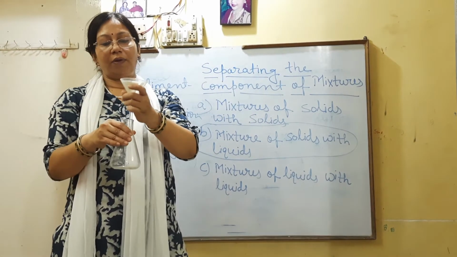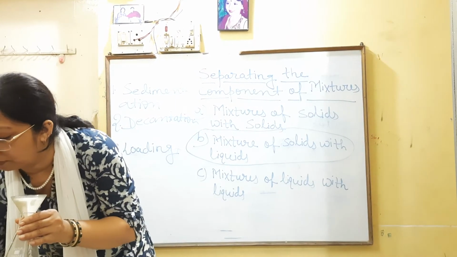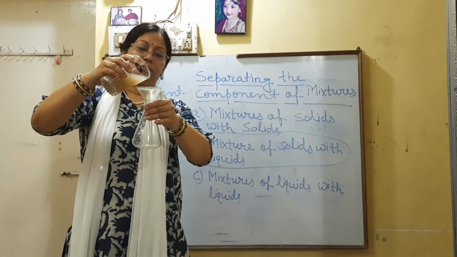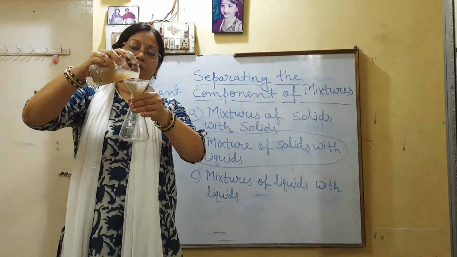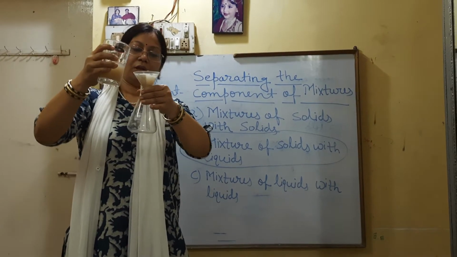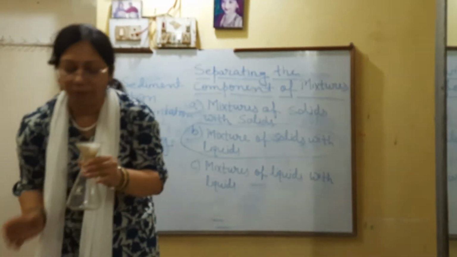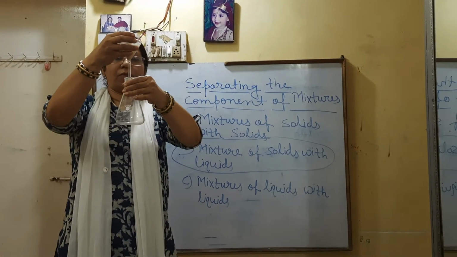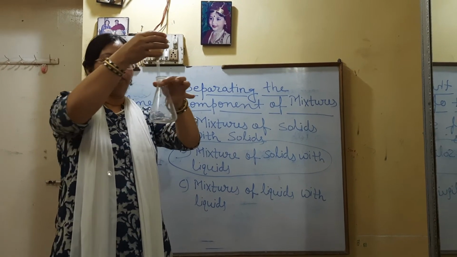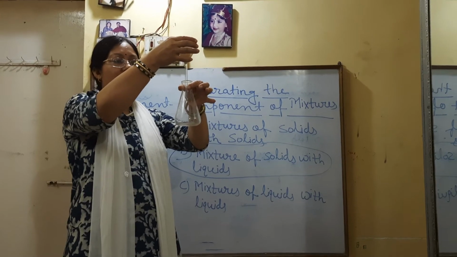Now I will pour muddy water into it. And you can see drop by drop the clean water falls down from this funnel. Are you watching? Drop by drop the clean water is falling down.